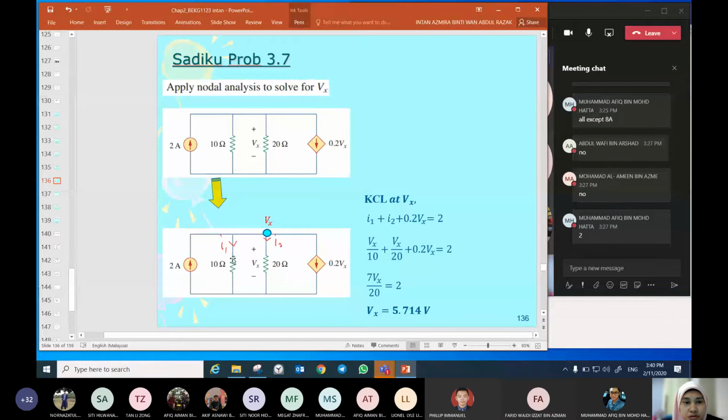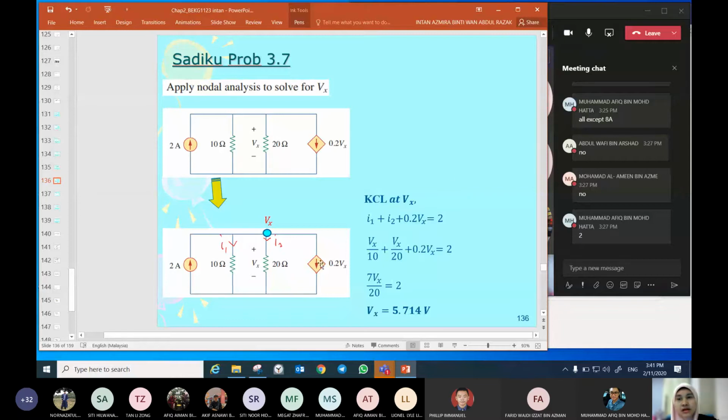How many currents enter the node? We have 2 only. The other currents leave the node: we have I1, I2 and 0.2 Vx. So I1 plus I2 plus 0.2 Vx is equal to 2.